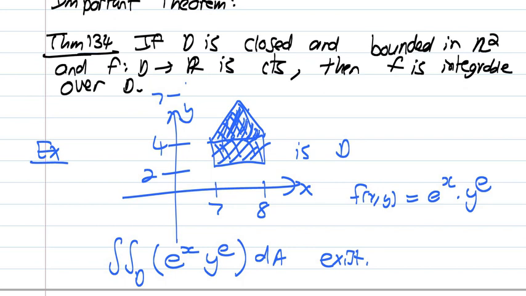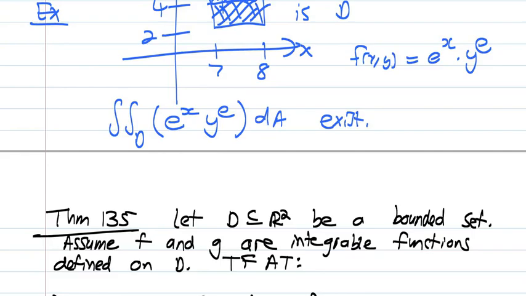Great. But this is important for us because now we can find loads of regions and functions for which the integral of those functions over that region D exists. Great. All right.